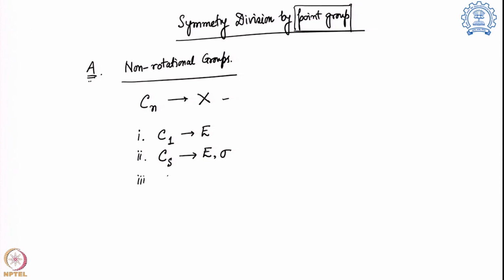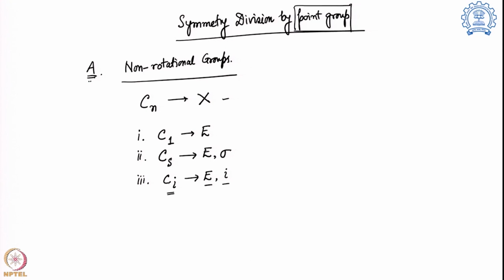The third one possible is Ci, where the molecule is going to have an identity operator and along with that a center of inversion. So, only these 2 operations, and this molecule will be written as Ci.